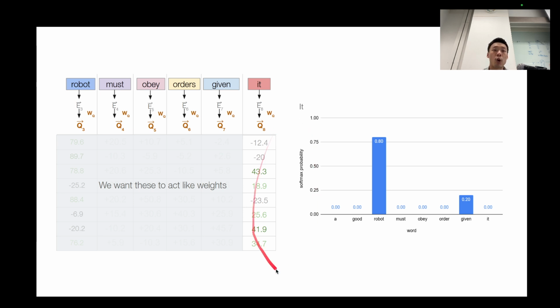So we softmax over the dot products between Q8 and all of the Ks, 1 through 8, and you might get something like this. What is shown on this graph is the attention. Attention will look like a probability distribution, so it will be between 0 and 1, and the values will sum to 1.